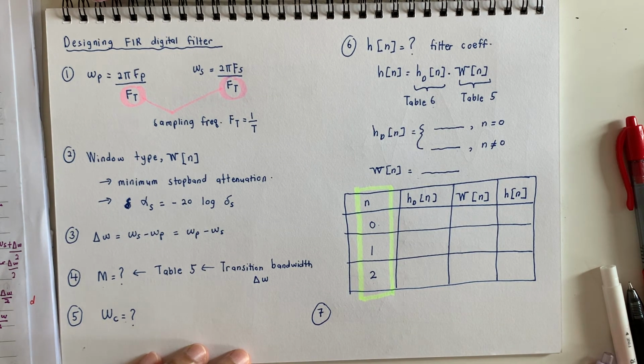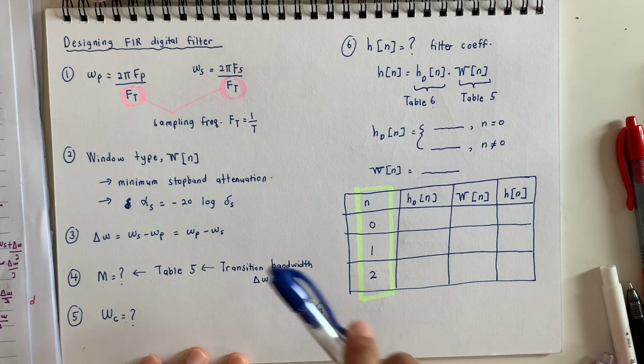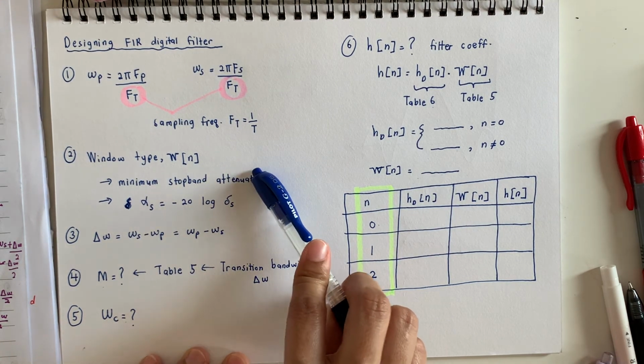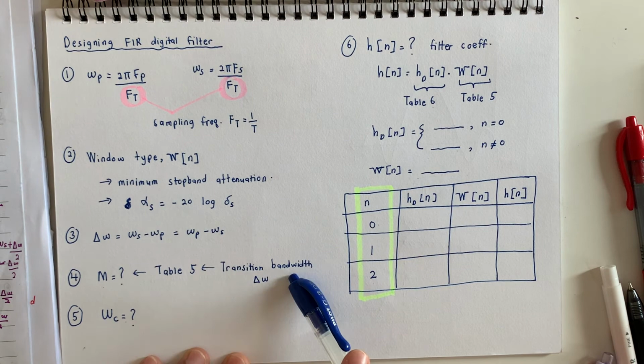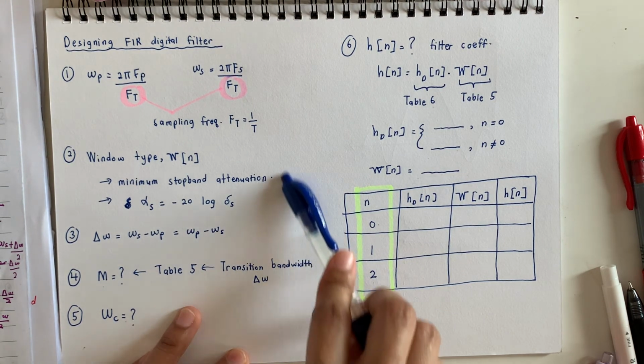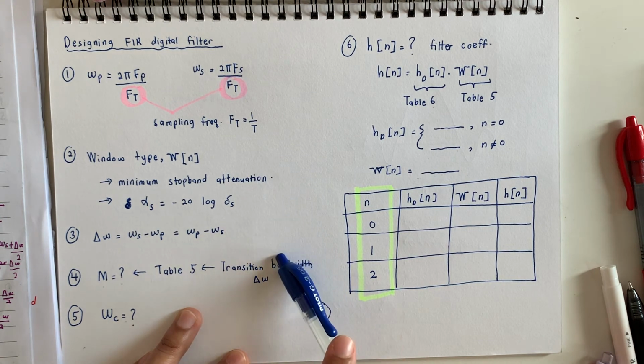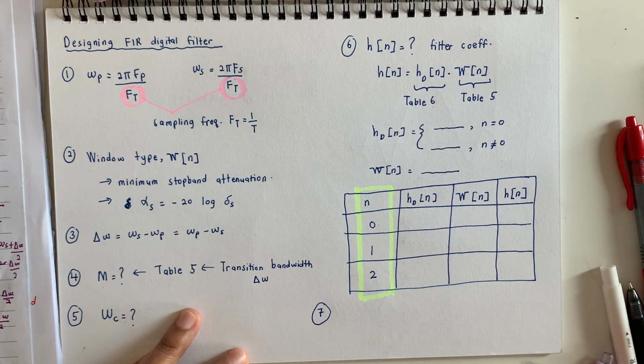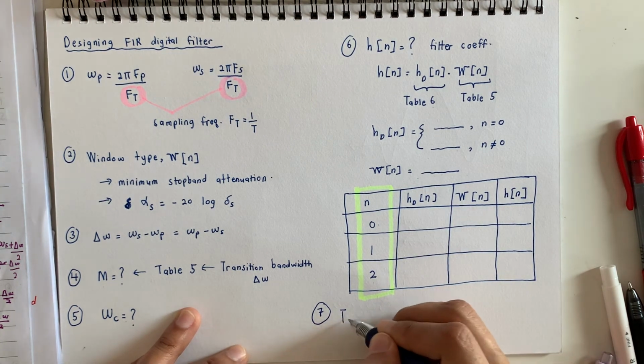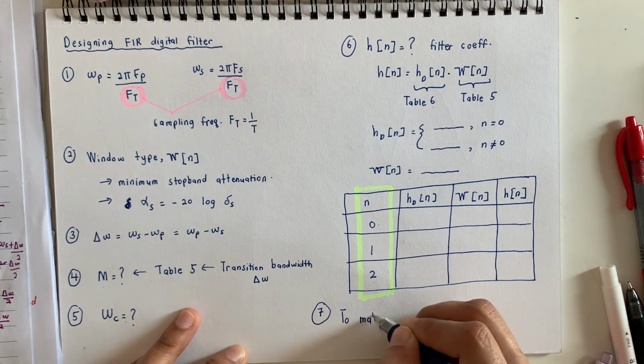To solve the infinite problem, you need to do windowing. So basically steps number 2, 3, 4 are all about windowing. Step number 7 is all about solving the non-causal issue, so you have to write a line of conclusion.